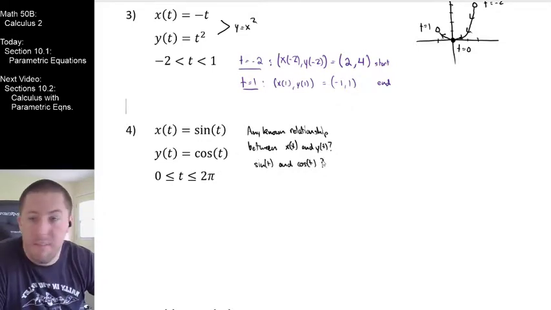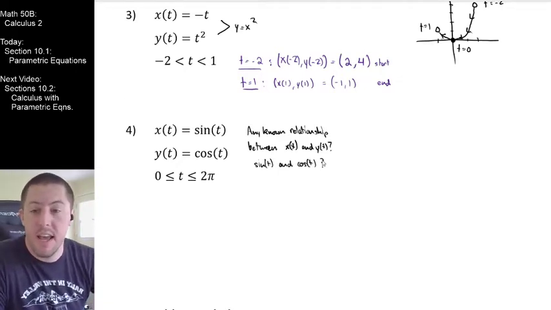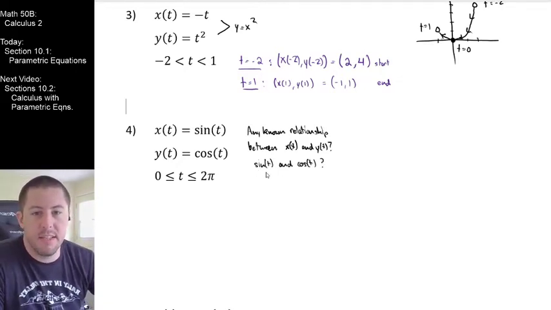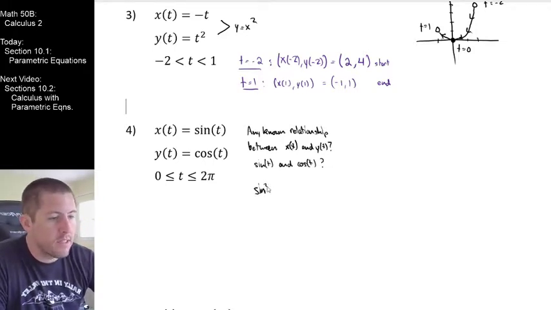And now this is where I give you the crazy eyes and I say, do you know any equation that relates sine and cosine? And the answer is, yeah, you do, or else you wouldn't have gotten into this class, since it's a prerequisite for it. And so I'm thinking to myself that sine squared of t plus cosine squared of t is equal to 1.